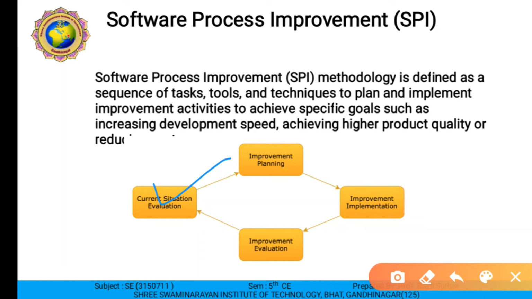It can be conducted through different techniques, for example individual interview, group interview, use case scenario and observation.